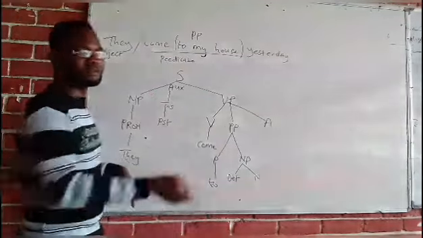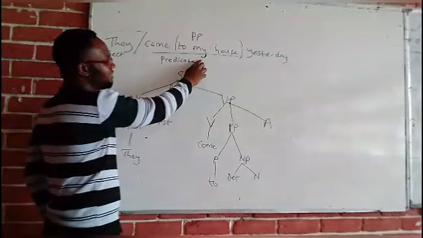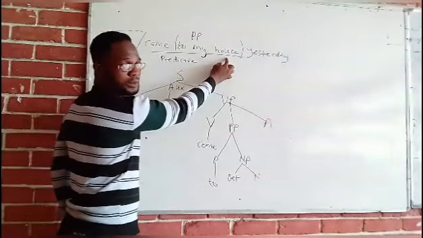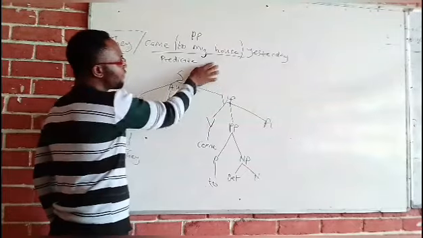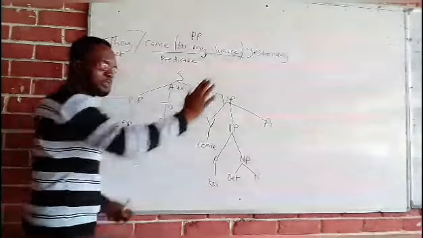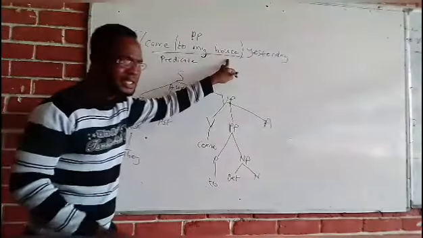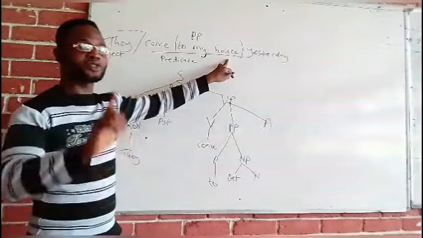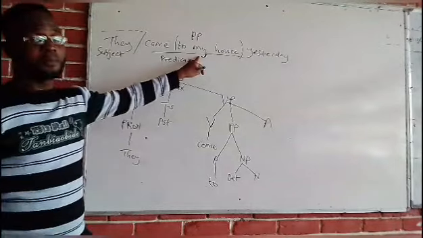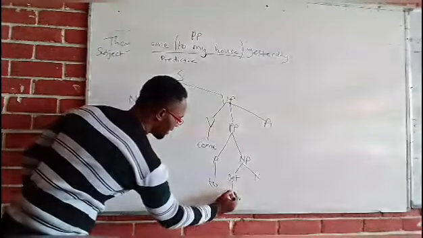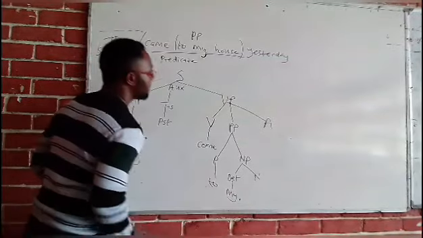Hence, it becomes a determiner because it's appearing in the same environment with a noun. You can see the proximity between it and this. Therefore, it is qualifying this noun. So it has stopped being a pronoun. At this point, it's a determiner. Therefore, I'll put determiner here as "my."